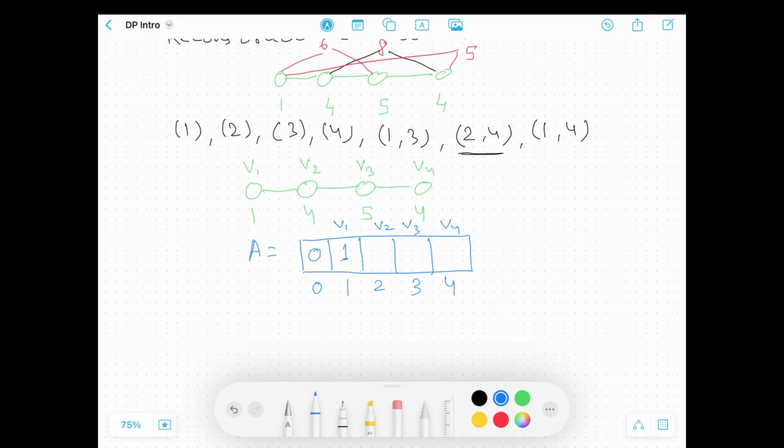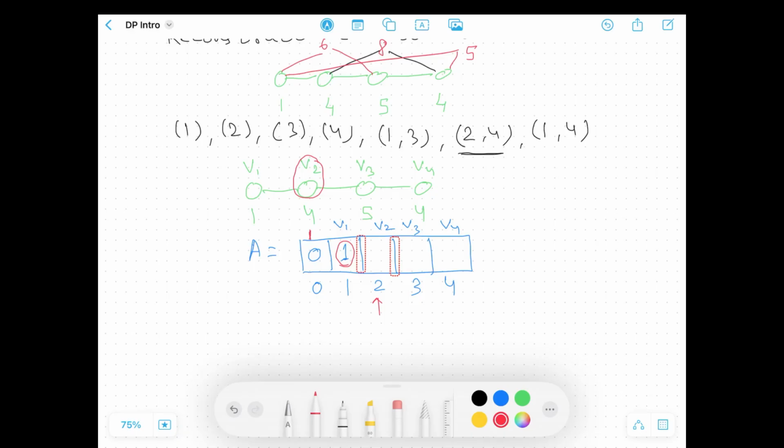Now, what is going to be the value at index 2? The value at this index would be either the previous value, because this could be greater, or the value at the index before plus the value of vertex 2, right?